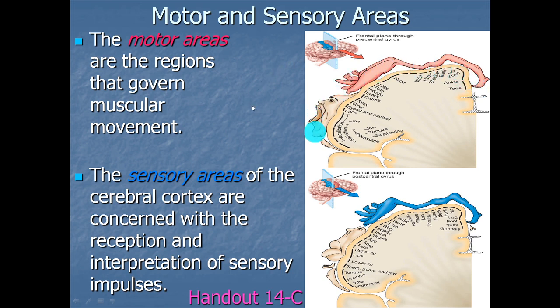Now, compare that to the sensory. Now, with sensory, remember, body to brain. So this information is moving into the brain, and where it moves into, so you can sense through touch those areas of skin that are affected, they are going through the postcentral gyrus.